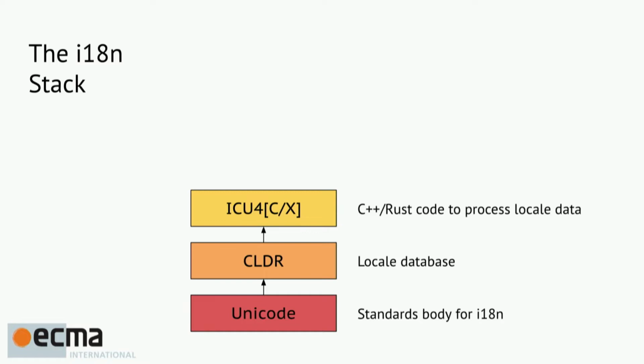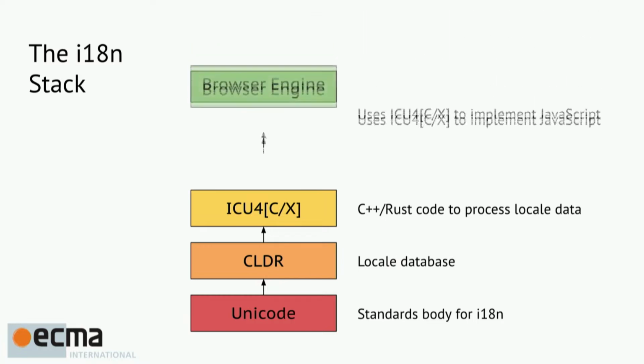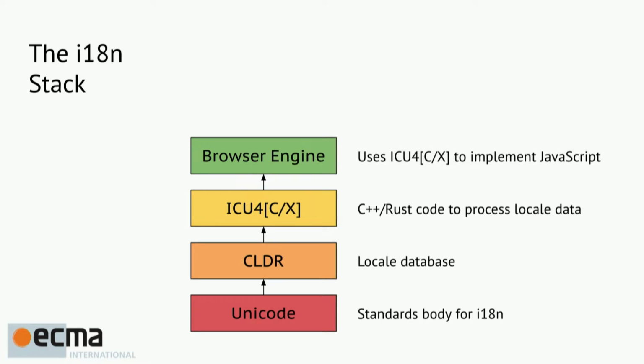An update this year is that there's ICU4C, but also ICU4X is able to do much of what we need. If you attended the talk earlier, you saw a demo of ICU4X running in Firefox. On top of ICU4X is the browser engine. The browser engine uses the implementation that we have in ICU in order to expose this to JavaScript clients.